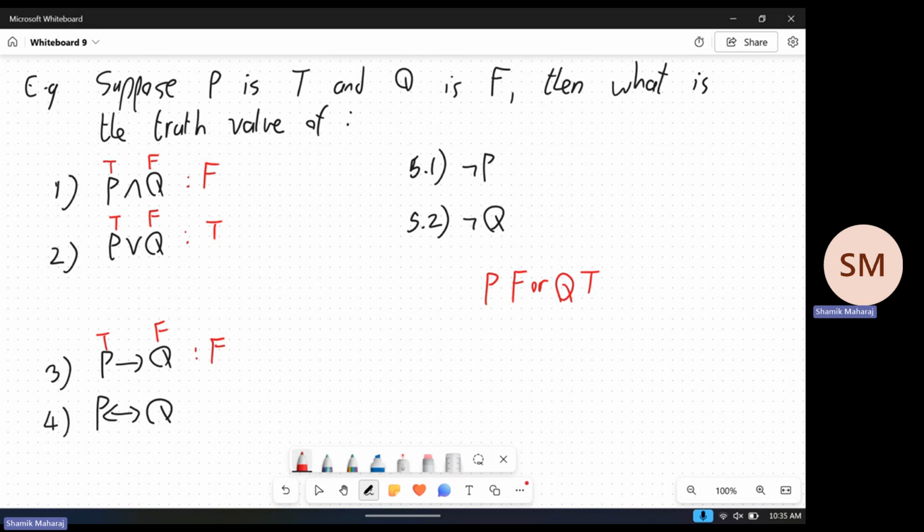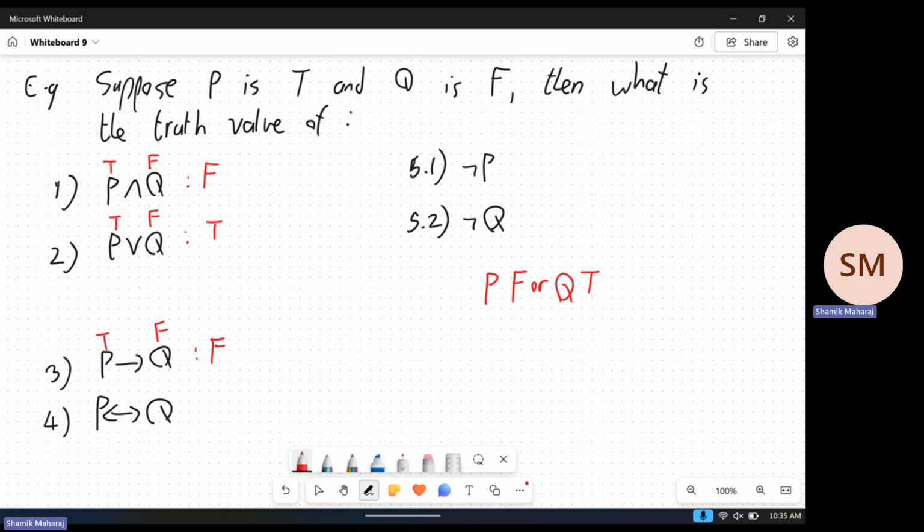Yes. Would that be true? That would not depend on the, I mean, sorry, you mean if P was false? Yeah, if P were false, or if Q was true.